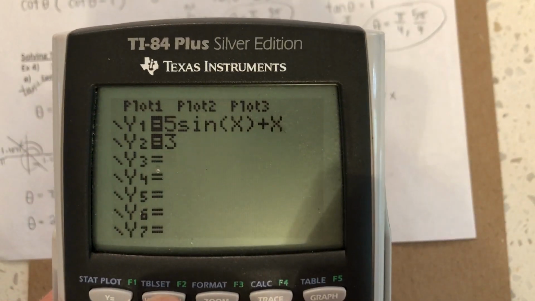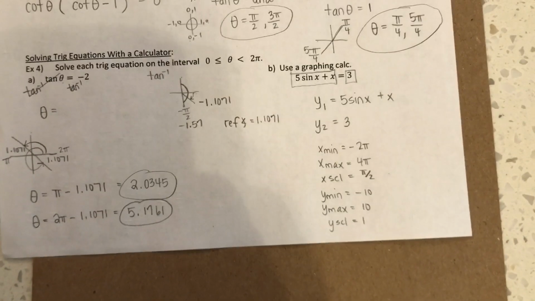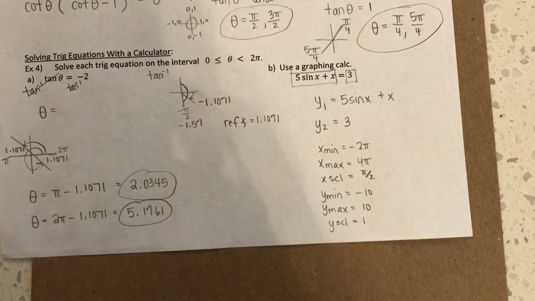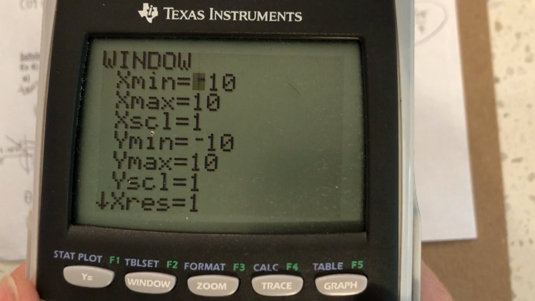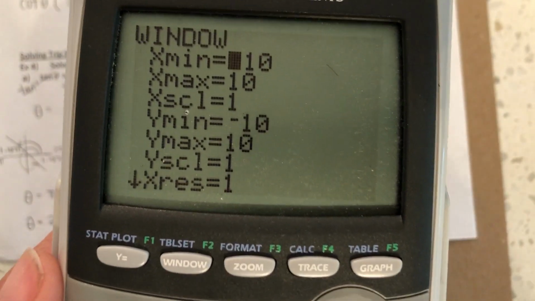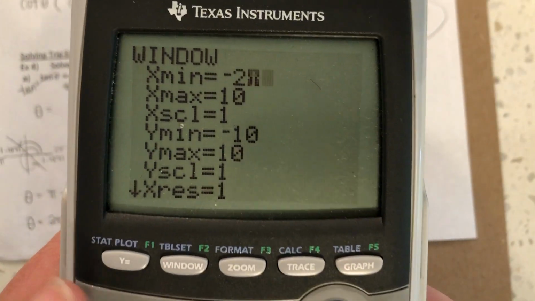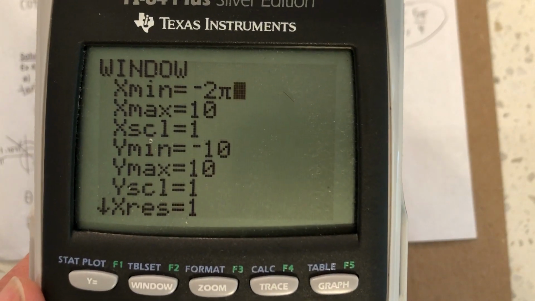Oh, let's go to our window. Let me get mine back to normal, so I'll do it with you. Okay, so here's my window. Let's make our x min negative 2 pi, and watch, you'll change it to a decimal the minute you hit enter.